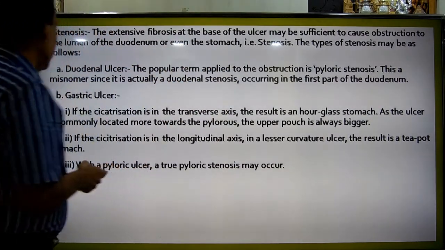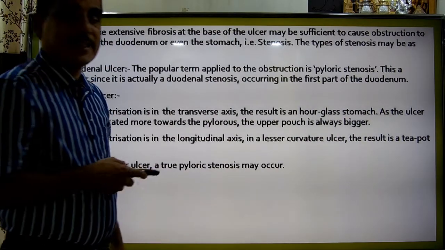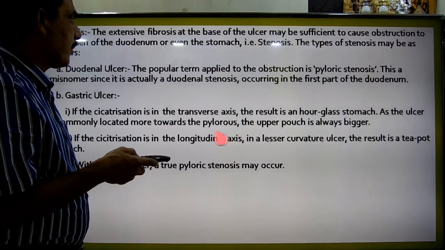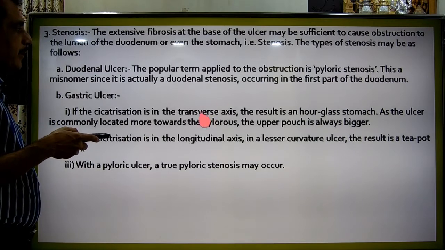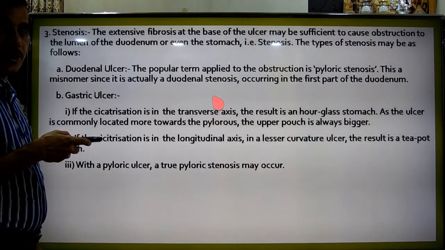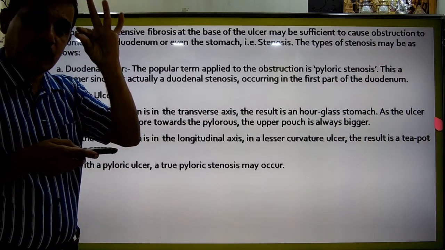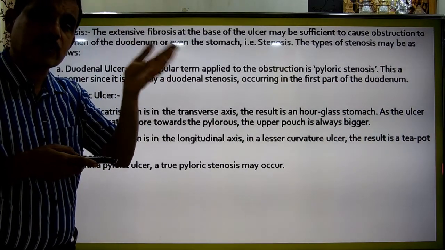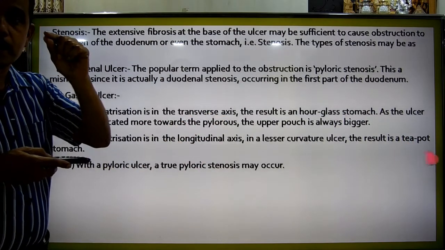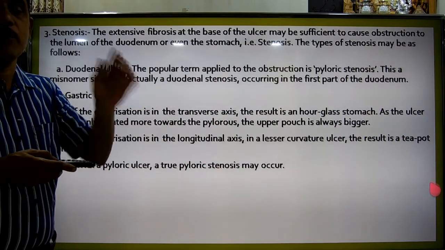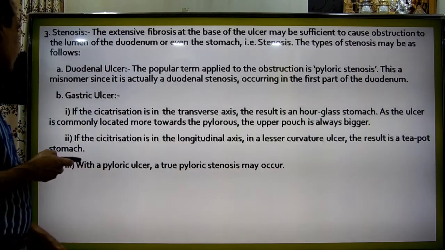In duodenal ulcers, the popular term applied for the obstruction is pyloric stenosis, but actually it is duodenal stenosis. This is a stricture or narrowing of the lumen of the first part of the duodenum. The pyloric orifice, in between stomach and duodenum, is what is called true pyloric stenosis.